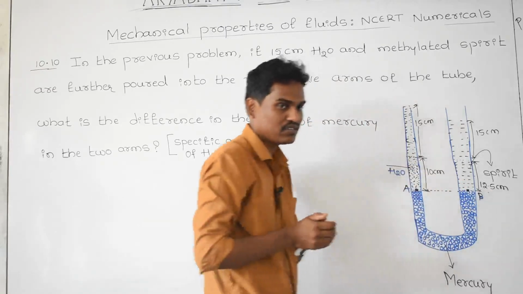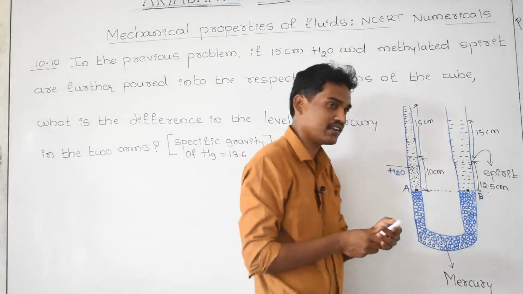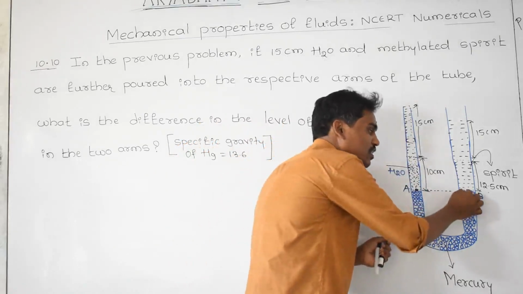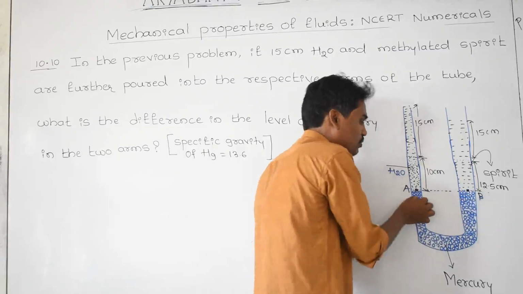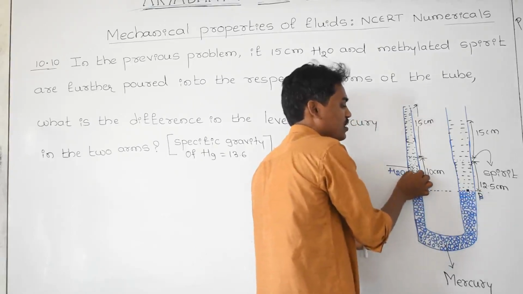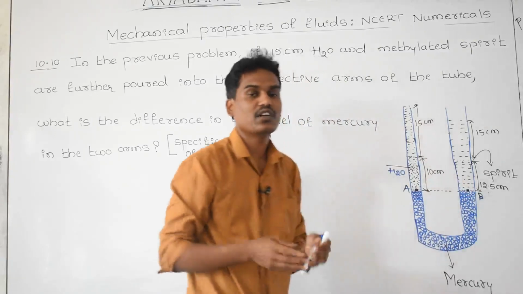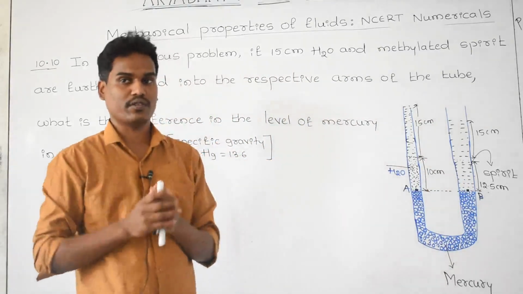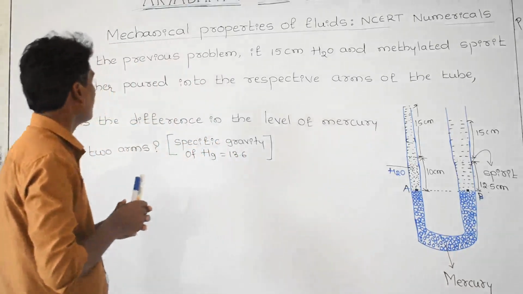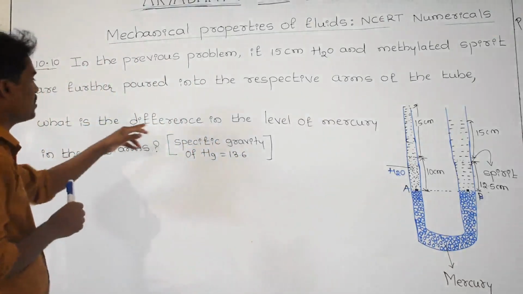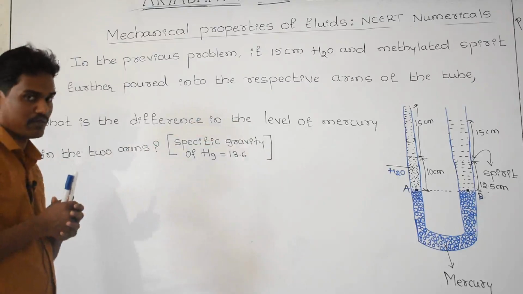It means that after adding, the mercury present here somewhat decreases and the mercury here rises. So you are getting a difference in the levels of mercury. Therefore, what you need to find out here is the difference in the level of the mercury.